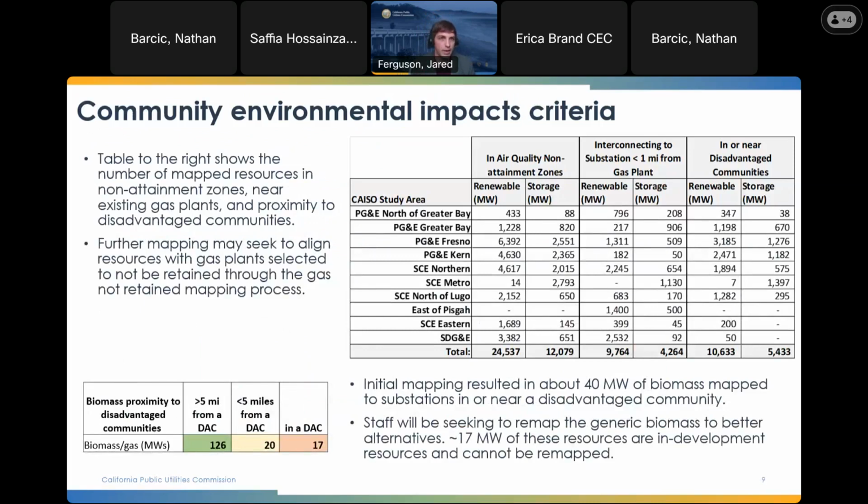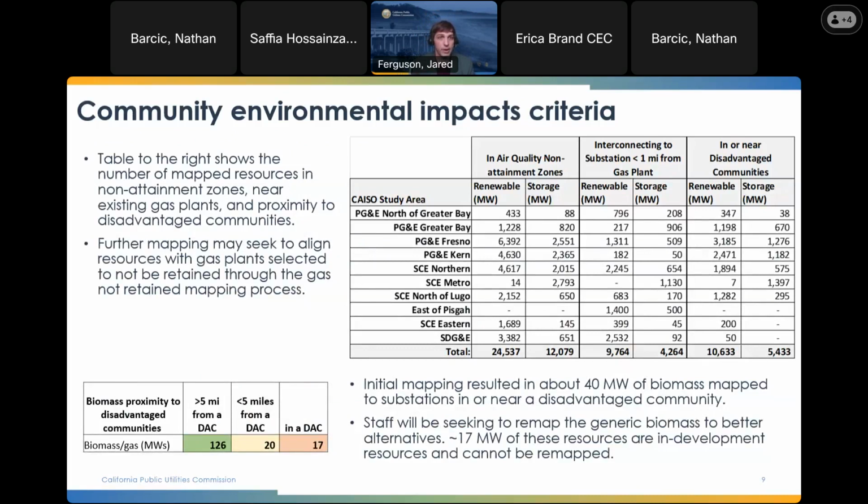I'll quickly want to note our criteria flags. I had the table on the right in the previous workshop in October that shows where that first round of mapping had resources located, its proximity to gas plants, its proximity to disadvantaged communities.